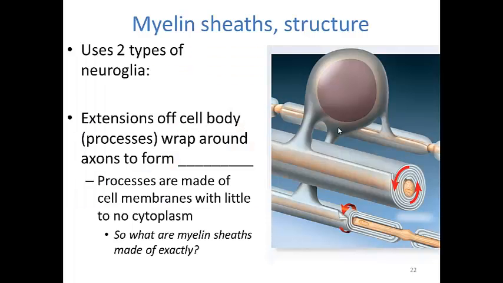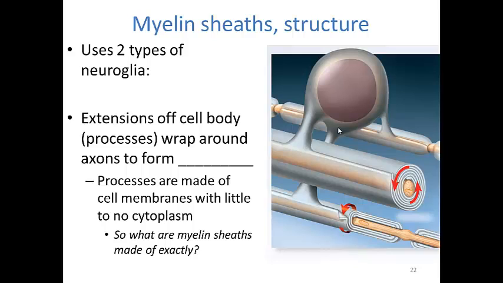I want to spend some time talking about a structure that's produced by some neuroglia, and the structure is called the myelin sheath. Myelin sheaths can be formed by two types of neuroglia, the oligodendrocytes and the Schwann cells. The difference between the two is really location.